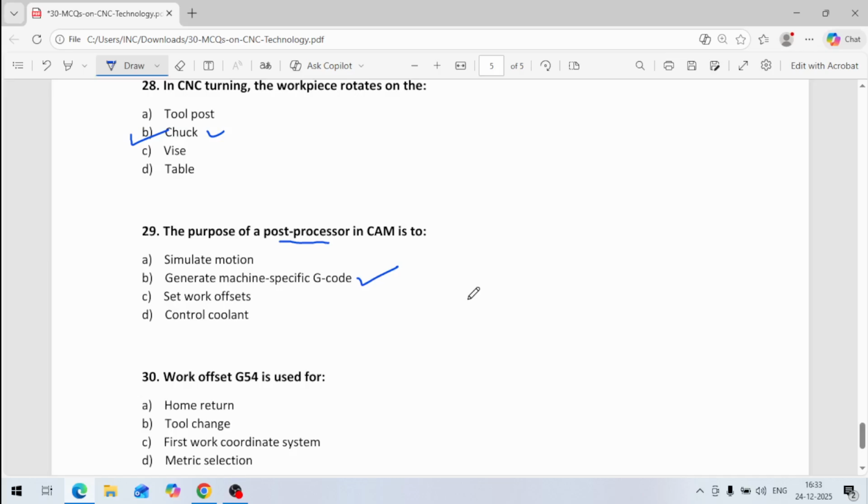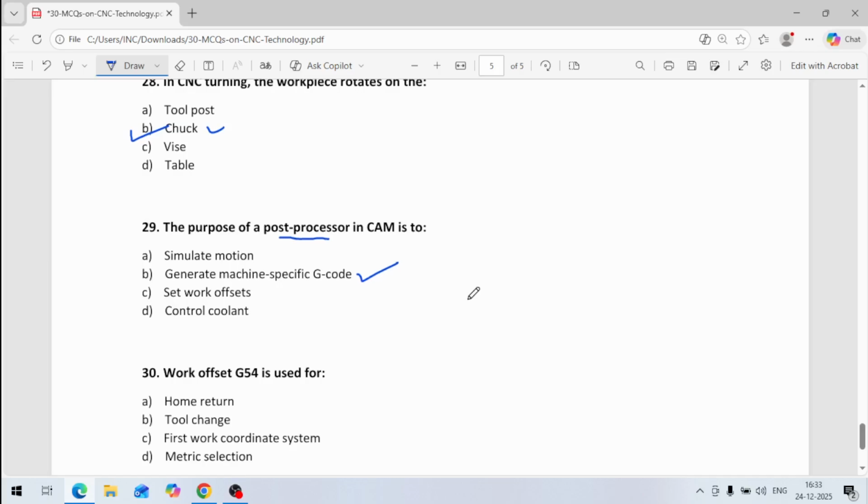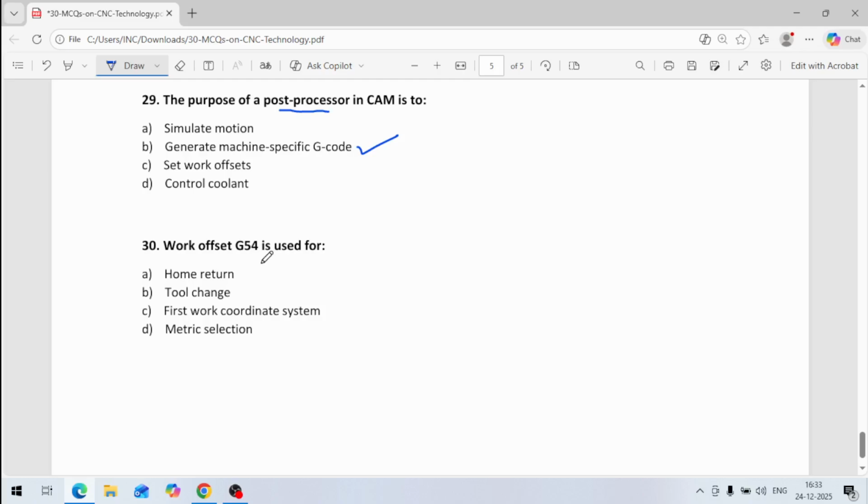Okay. Then next is work offset G54. G54 is used for home return, tool change, first work coordinate system, or metric selection. So the answer is C, first work coordinate system.